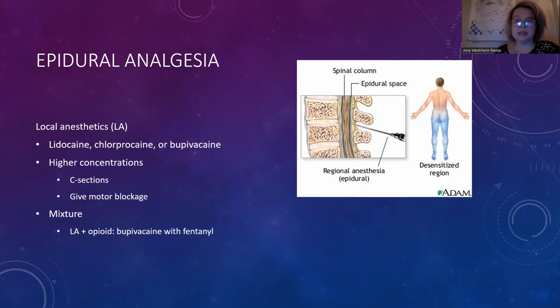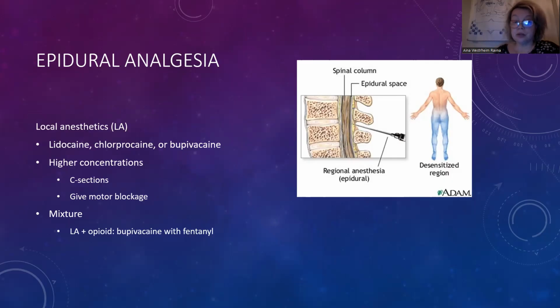Epidural analgesia is often given as a mix between local analgesics and an opioid. The local anesthetics typically used are lidocaine, chloroprocaine, or bupivacaine.